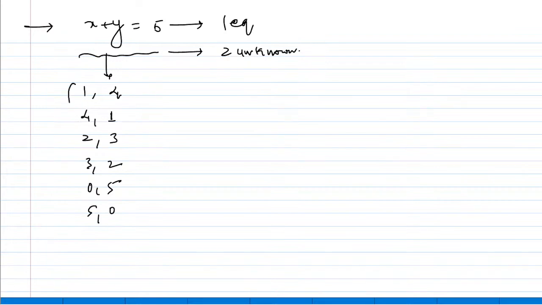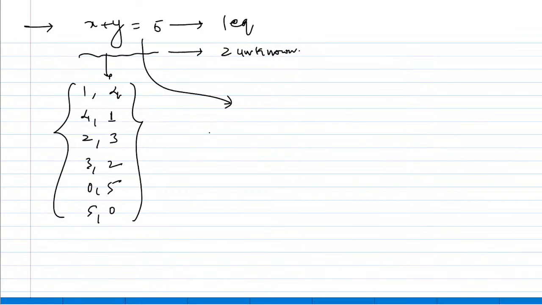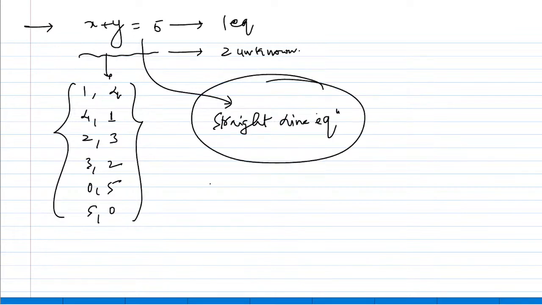So there are many values. If you plot x plus y equal to 5, this is a straight line equation. Plotting is simple.